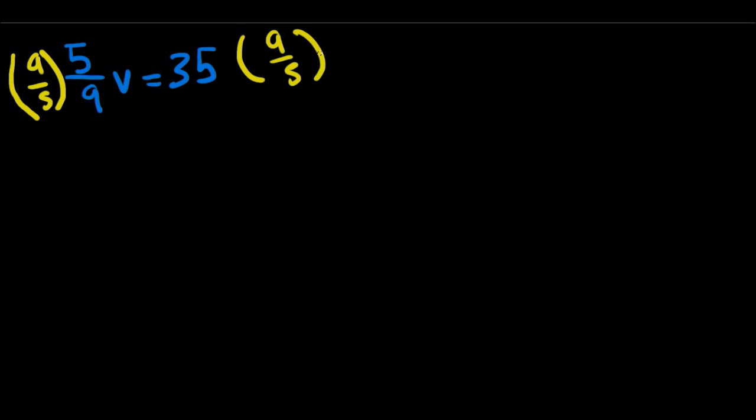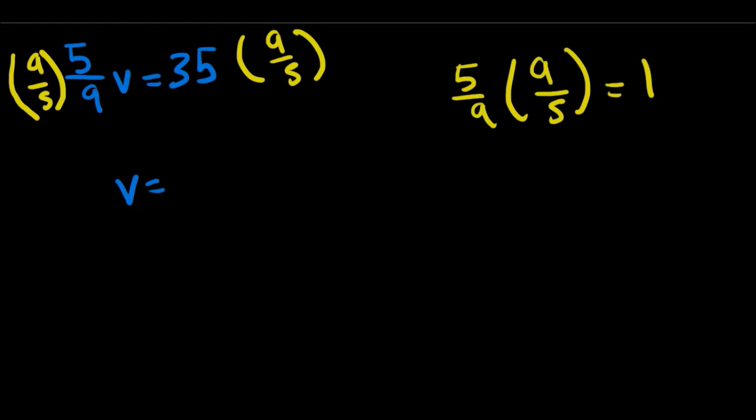The reason we are multiplying by 9 over 5 is because when 9 over 5 times 5/9 are multiplied, you get 1, which just leaves us with 1v, which is what we want. Now v equals 35 times 9 over 5. And when you multiply 35 times 9 and then divide by 5, you should get 63.